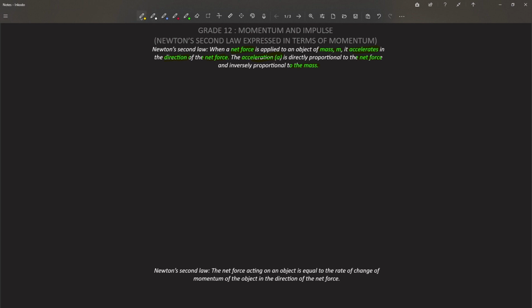The first and most important thing we know is that, according to Newton's second law, our net force is equivalent to the product of mass and acceleration. So now that we have this equation, let's look at acceleration, net force, and mass.